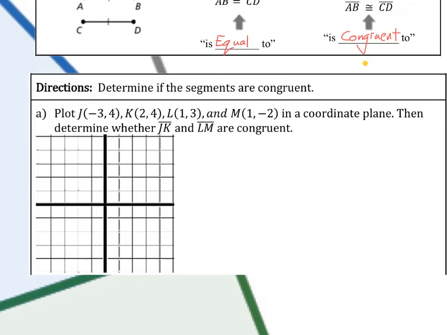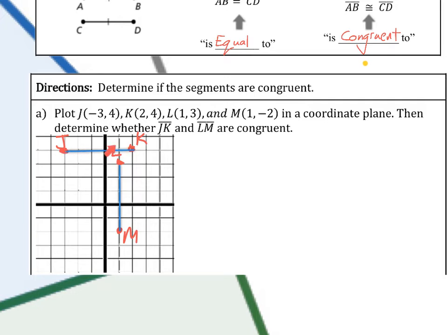So if we take some points here, we've got (-3, 4), that's J, and we've got (2, 4), that's K, and (1, 3), that's L, and (1, -2), that's M. And let's make some line segments here. So if we make the line segments JK and LM, we get those. Are those the same length?